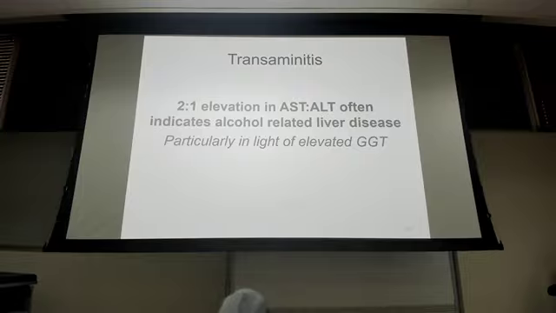And then the AST to ALT ratio is way out of whack. The GGT is huge, so I would know that ratio, and what leads us to think that it's alcohol-related transaminitis based on the ratio, and also very, very pathognomonic if the GGT is also up.